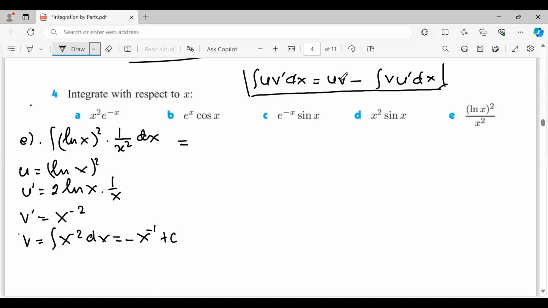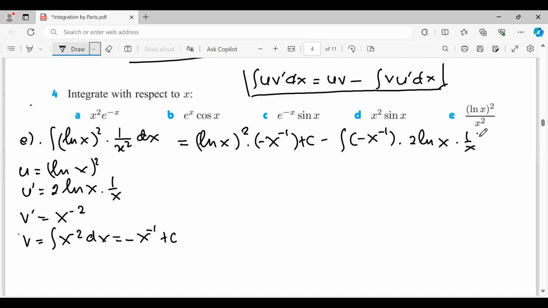So u times v is ln x squared times minus x power minus 1 plus c, minus the integral of minus x power minus 1 times the derivative of u.